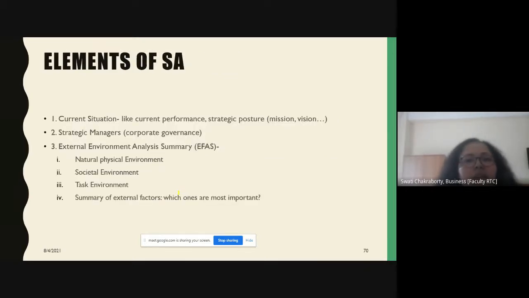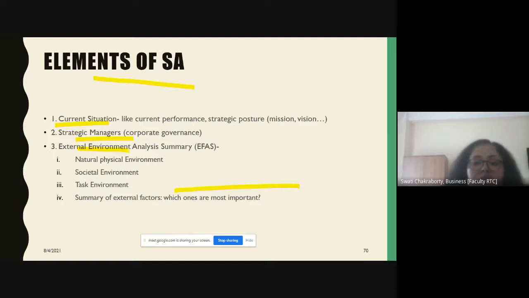Okay, so what are the elements of strategic audit that we have? One is the current situation, the current performance, strategic position, where we talk of mission and vision. Then we have strategic managers who take care of corporate governance. Then we have the external environment analysis summary, that is the nature of the physical environment, societal task, and a summary of the external factors, which are the most important.